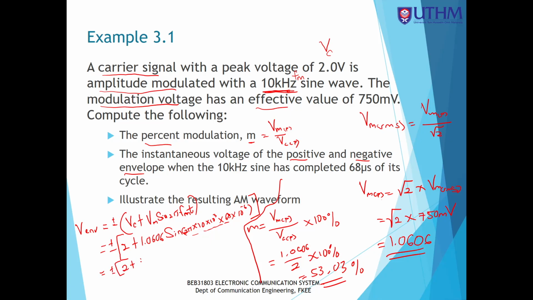So it is actually like this: plus minus, bracket 2 plus 1.0606 times negative 0.9048.